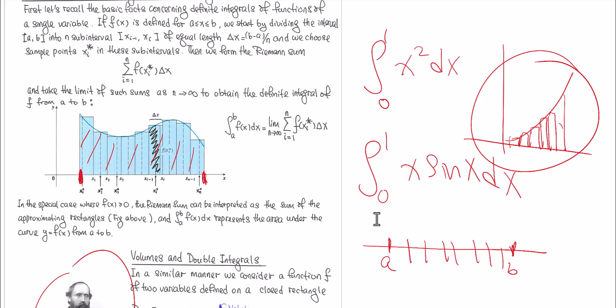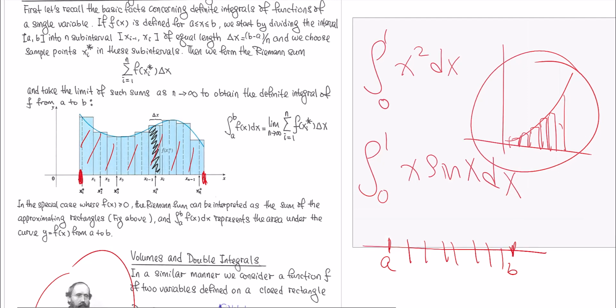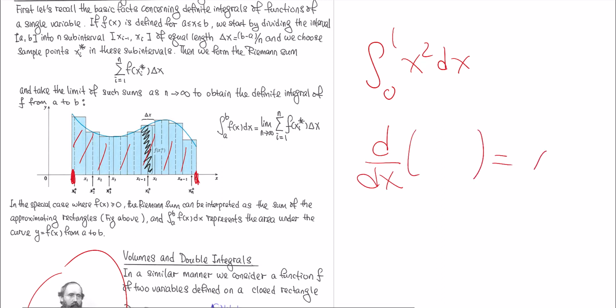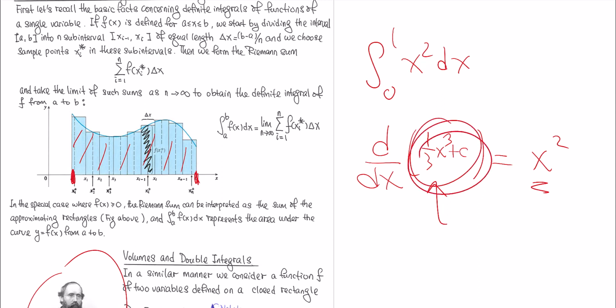So in Calc 1, we have the fundamental theorem of calculus, which says that even though this is how we define the integral, when we actually compute it, we have a shortcut. The shortcut is that we find something such that if you differentiate it, you get the integrand, for example something like this plus a constant. This is called the antiderivative.